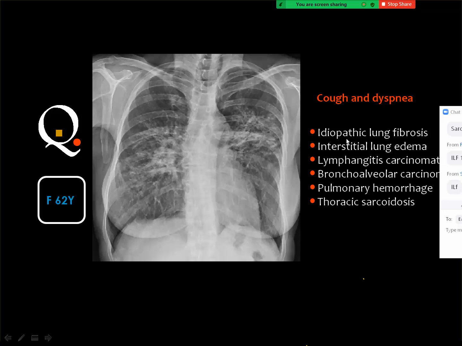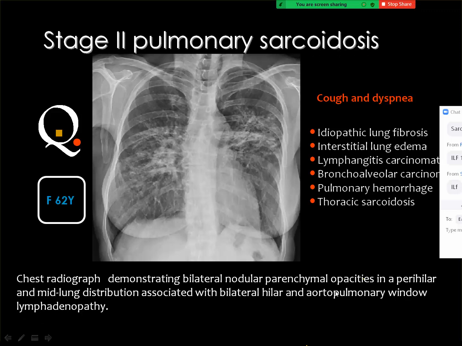This is not fibrosis because fibrosis usually involves the bases of the lung, not the upper or the middle lung zones. And sarcoid on the opposite side will involve the upper and middle lung zones, and at a later stage of sarcoid, when it goes into fibrosis, it will form what looks like interstitial lung fibrosis, but it does not affect the lung bases because this is not the distribution of sarcoid.